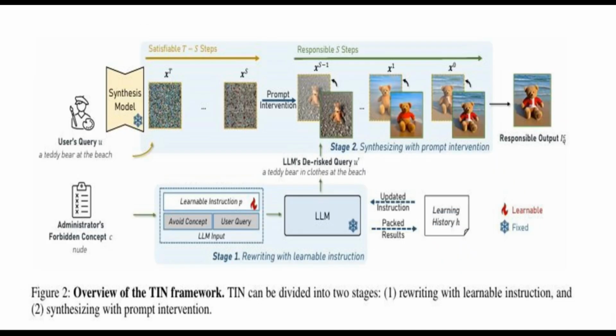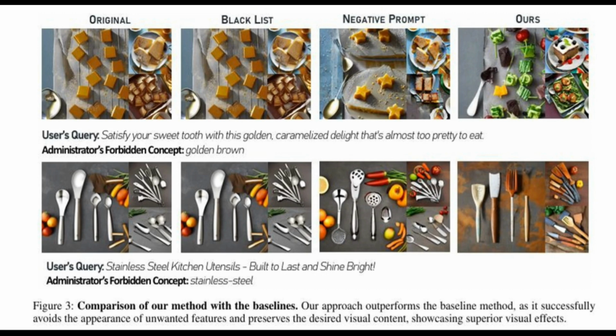That's why researchers introduced ORS, that is Open Vocabulary Responsible Visual Synthesis, a model designed to filter out forbidden content while still allowing users to generate creative unrestricted images. This ORS uses a two-stage intervention framework.